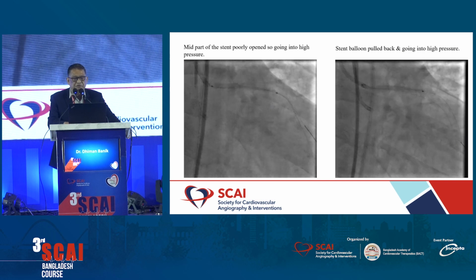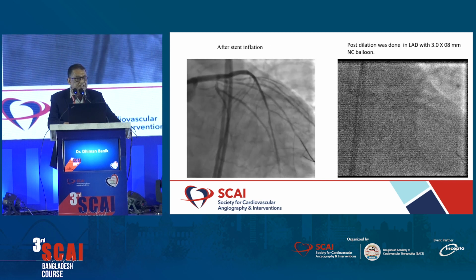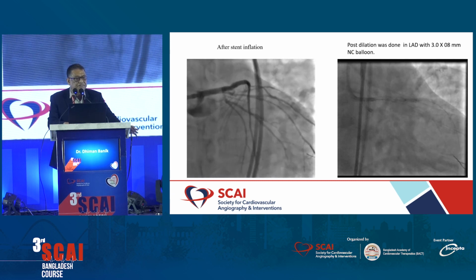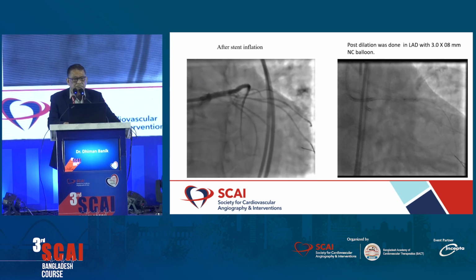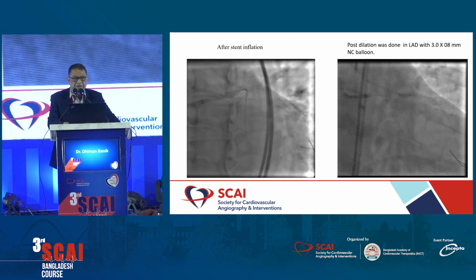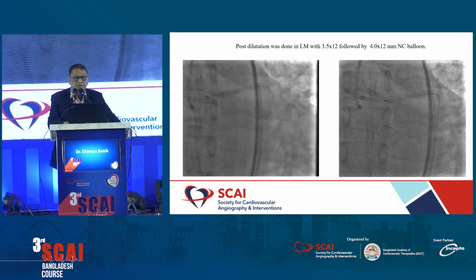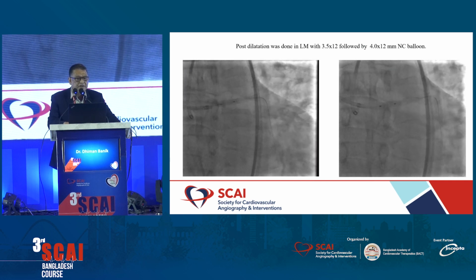The stent is well inflated. After stent inflation, the left system is good and the flow is good; LCX and ramus are narrow-caliber vessels. Post dilatation was done in the LAD with a 3 x 8 millimeter NC balloon, and in the left main with 3.5 x 12 and 4 x 12 NC balloons.